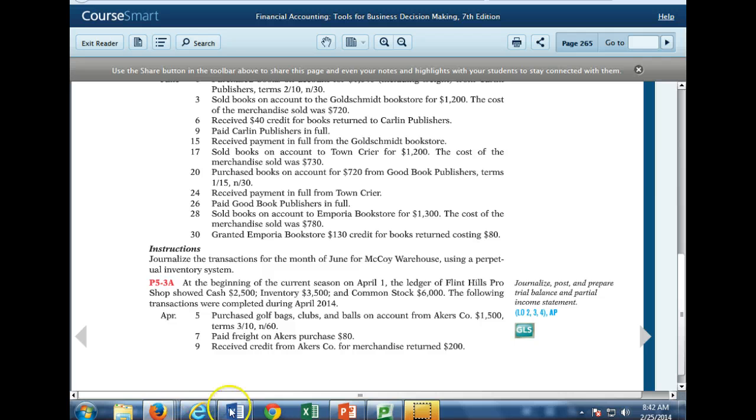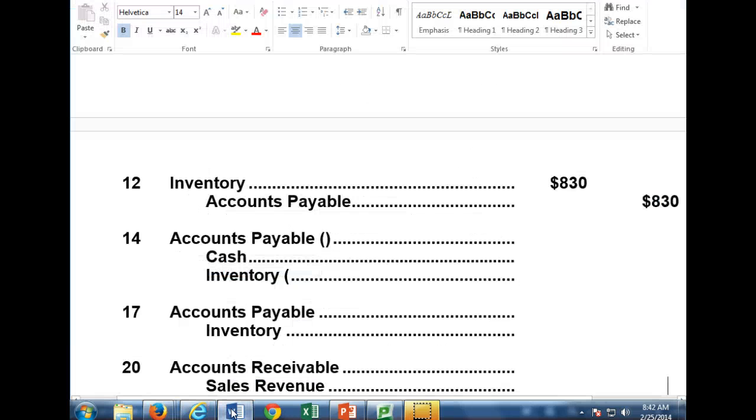So how much do we really owe them now? $1,300. So what will we do here? Debit $1,300 to accounts payable. So $1,300 here.